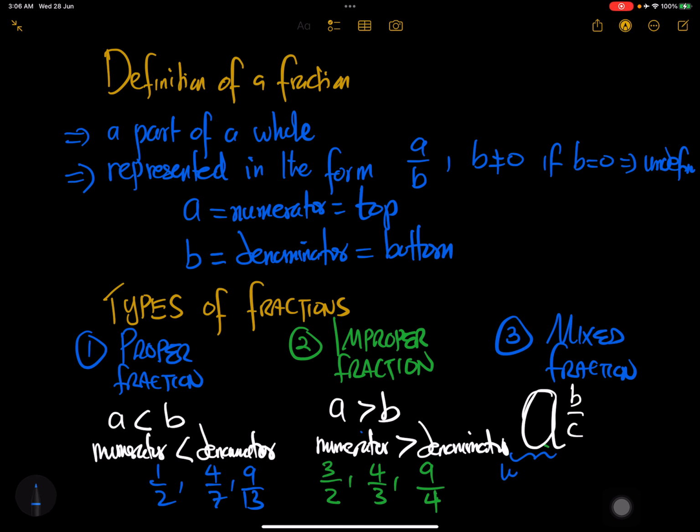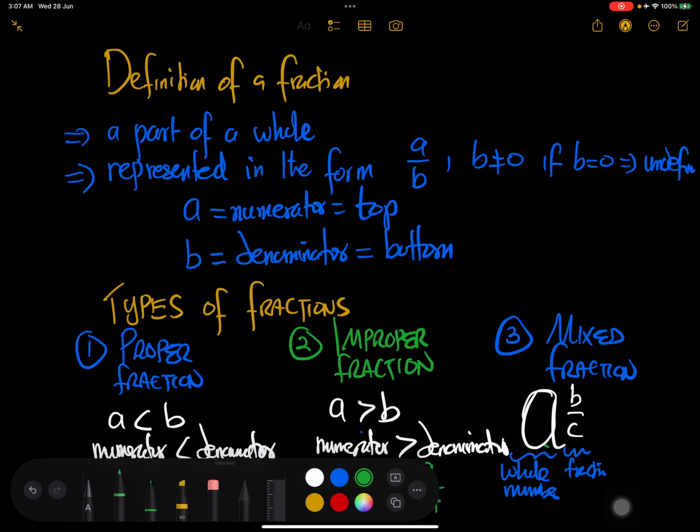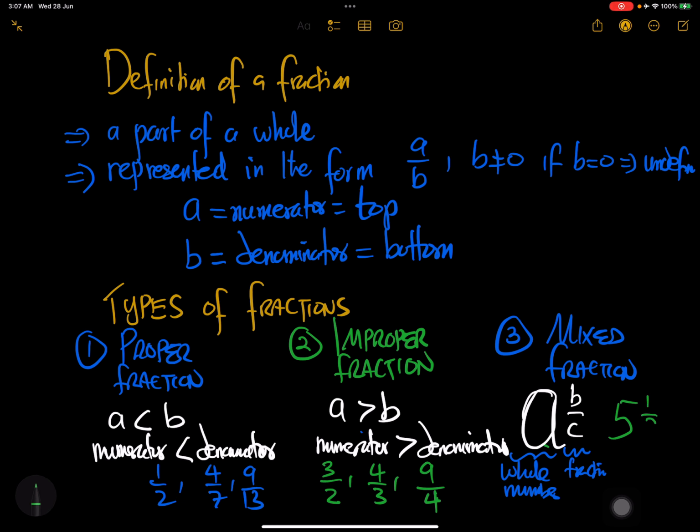This is the whole number, and this is the fraction. An example is 5 whole number 1 over 7, which is a mixed fraction. So we've done the second topic, which is the types of fraction.